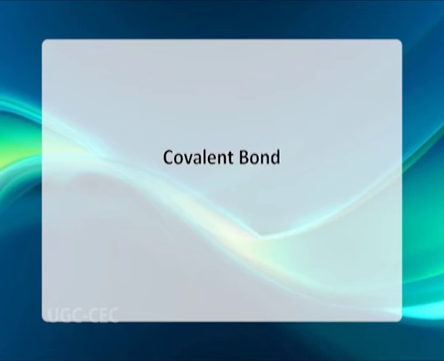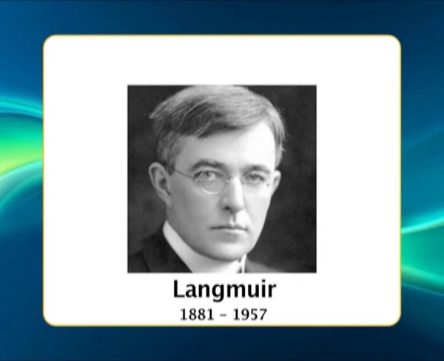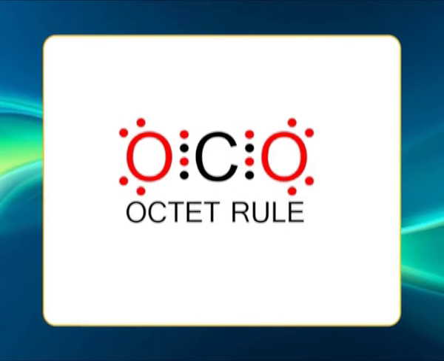Now let us discuss what actually a covalent bond is. Langmuir in 1919 proposed that when both the atoms taking part in chemical combination are short of electrons to reach the nearest noble gas electronic configuration, they can share their electrons in order to complete their octets.